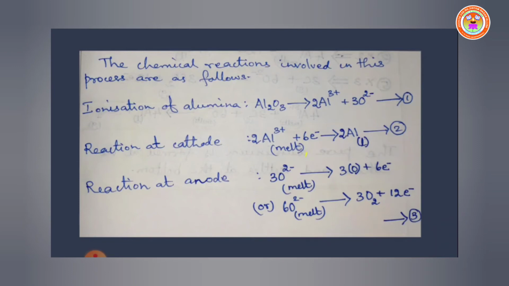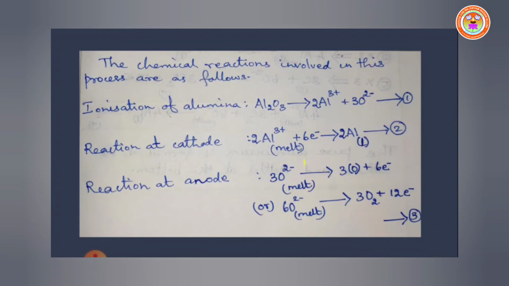This Al3+ ion undergoes reduction. That is, at the cathode, the Al3+ ion gains electron and is reduced to Al.